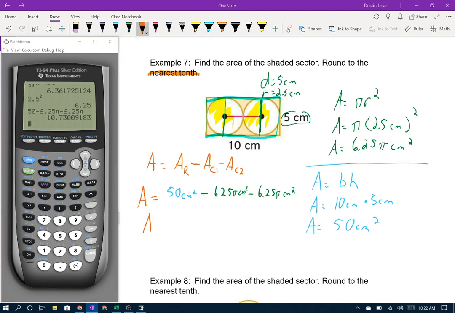Therefore, my area to the nearest tenth would be 10.7 centimeters squared. And yes, I realize there are some more efficient ways I could have written that down or typed it in. I'm just going for short and sweet right here.